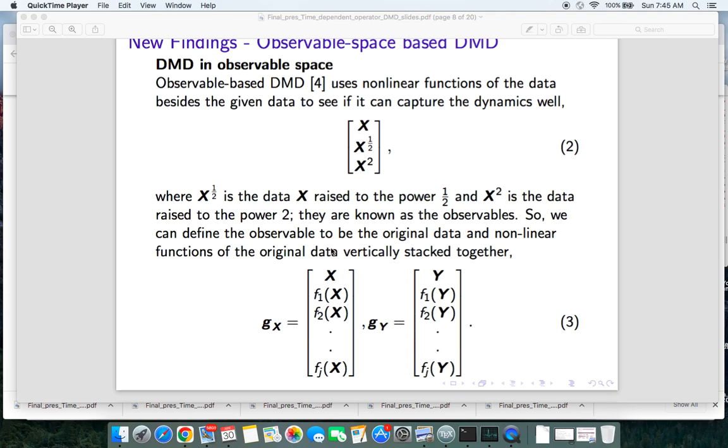We can define the observable to be the original data and nonlinear functions of the original data vertically stacked together.